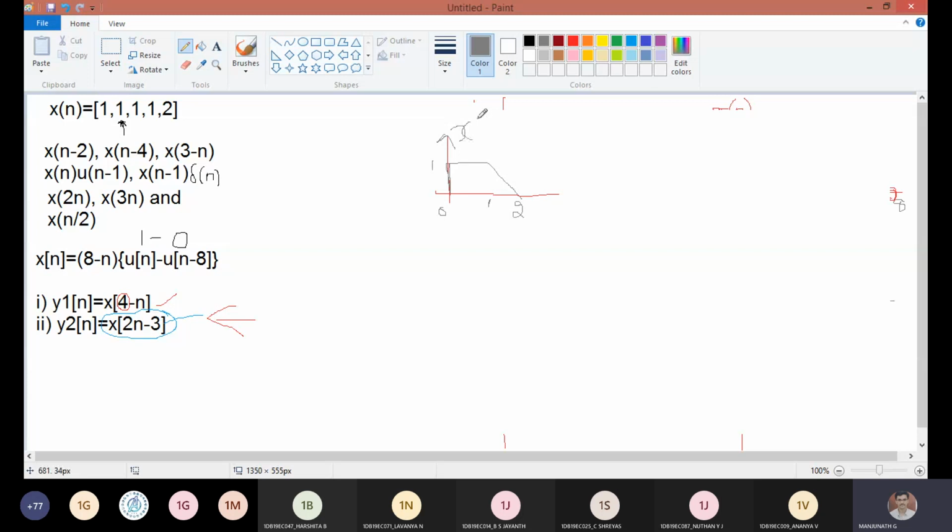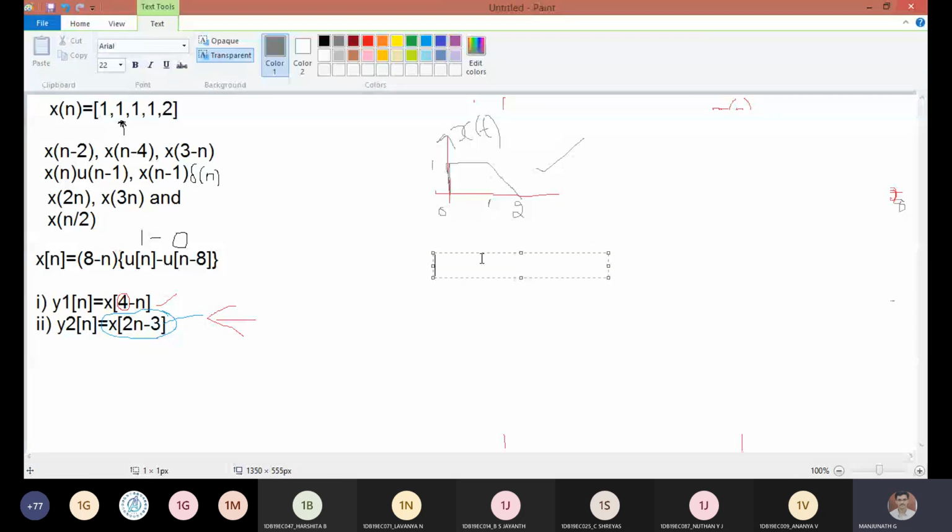Just check whether the original signal X of t has been traced with respect to your sketching. Just make a note of this question also. Take this also as assignment number 2.